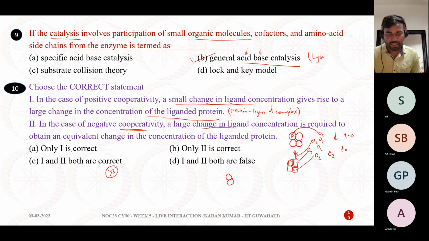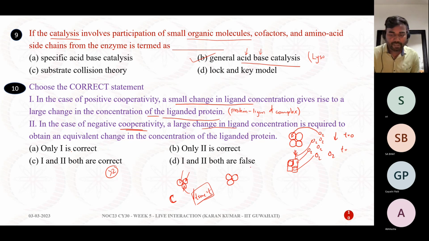So for negative cooperativity, assume another protein which has 3 subunits, and in the normal case there is no cooperativity, so all of them will bind at their particular rate. At time t, they will have some concentration of C in the normal case.